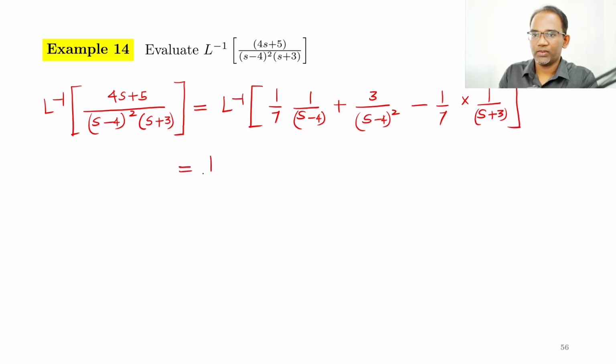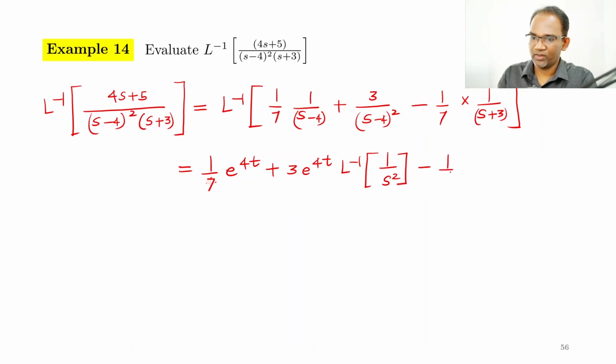This is equal to 1 over 7 e raised to 4t plus 3 e raised to 4t L inverse of 1 over s square, minus 1 over 7 e raised to minus 3t. So here we have made use of the first shifting property.